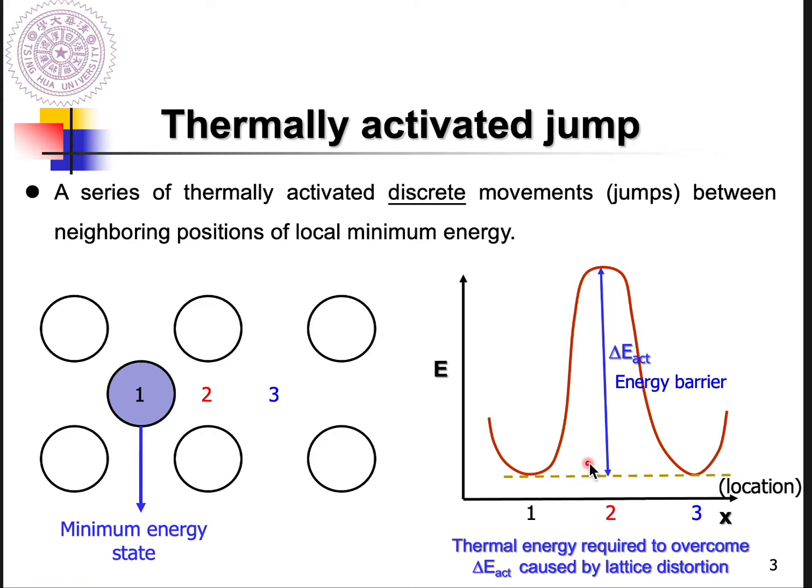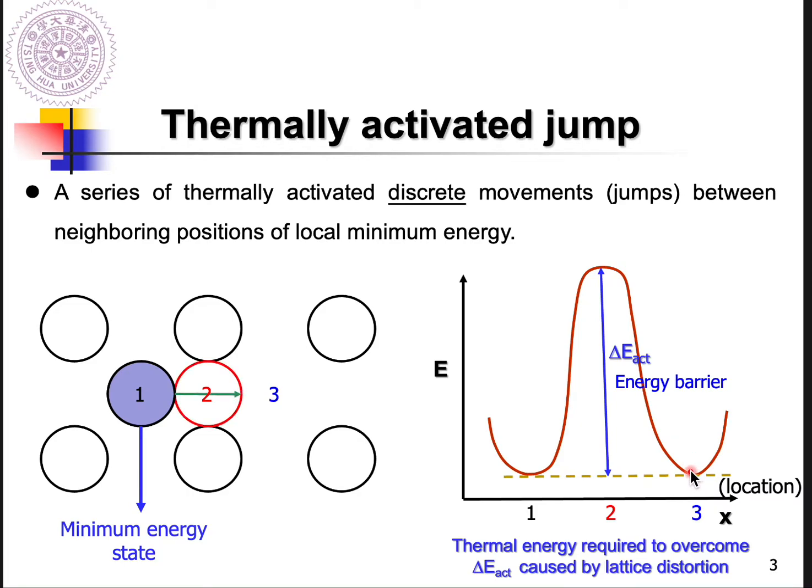And this energy barrier is due to the fact that if this atom goes to location 2, this will cause lattice distortion, right? So this atom needs to have higher energy to overcome this energy barrier, then it can successfully move to location 3.